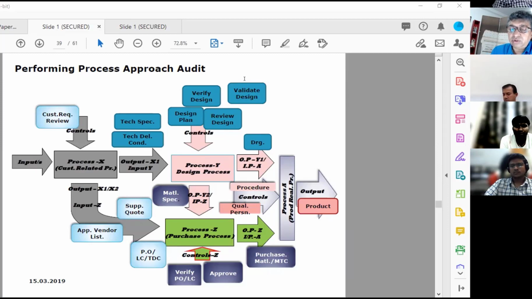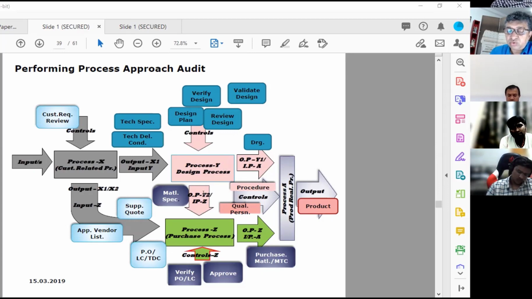The design process also will have controls like verification, review, validation. These are all controls. So the design activity needs input, which comes from the previous process. It has controls, and this will give outputs. So outputs are going to the next processes.